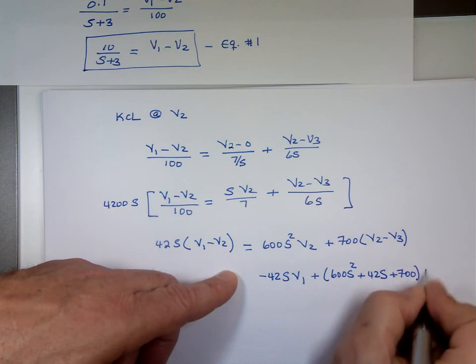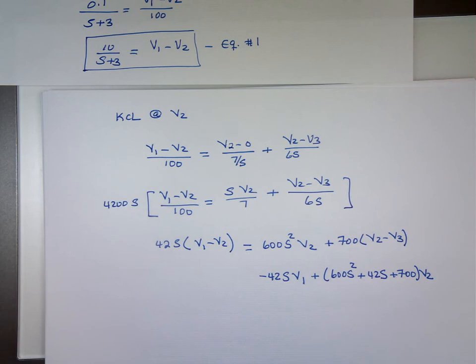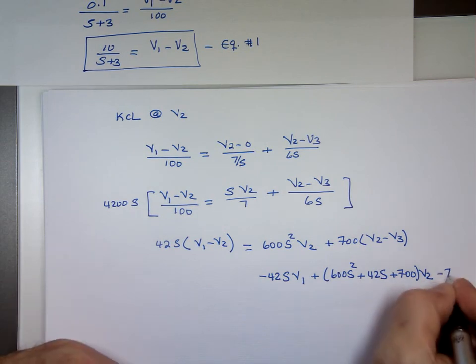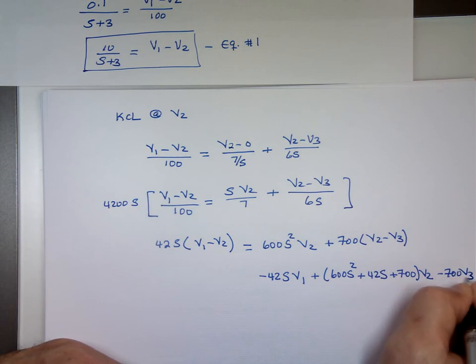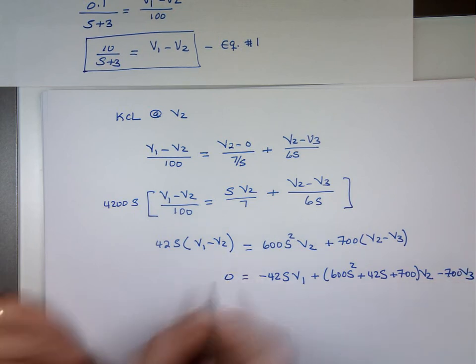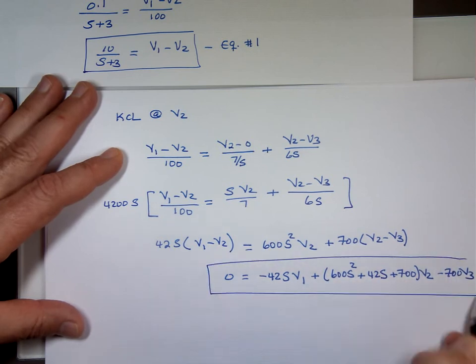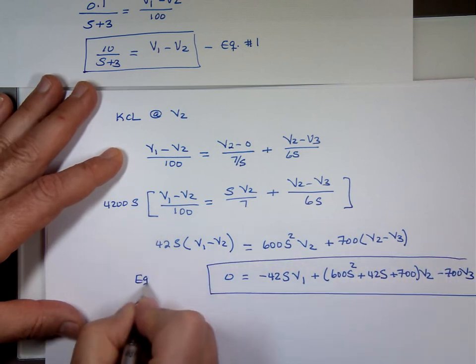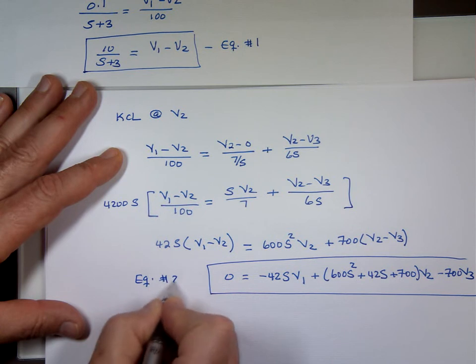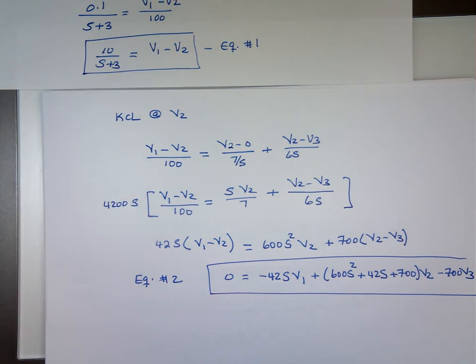And what about the V3? Is that negative 700? And that's equal to 0. And that's my equation number 2. It's going to be a 3 by 3. If I did that, it would be 2 by 2 because I know what that current is.